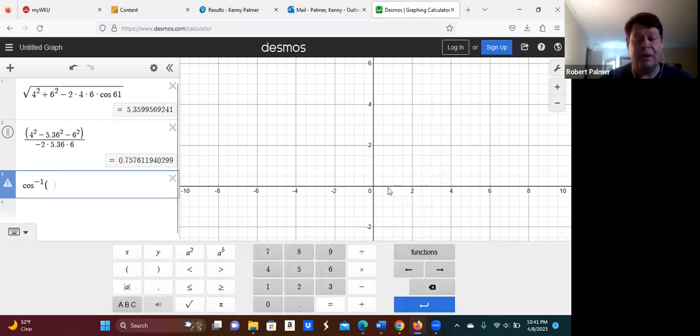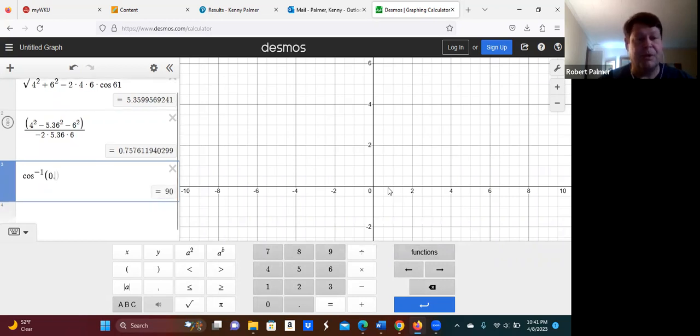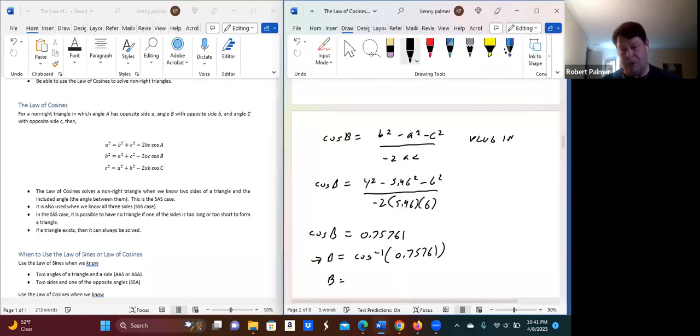Just use inverse cosine, and you can use as many decimal places as you want, 0.75761. And once again, let's just use 2 decimal places: 40.75 degrees. So B is equal to 40.75 degrees.